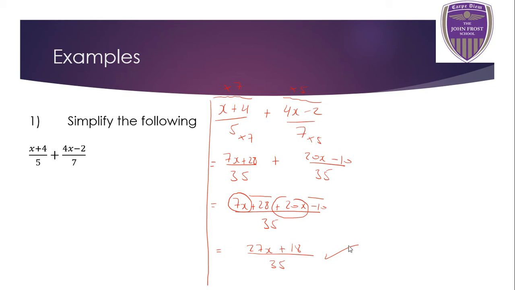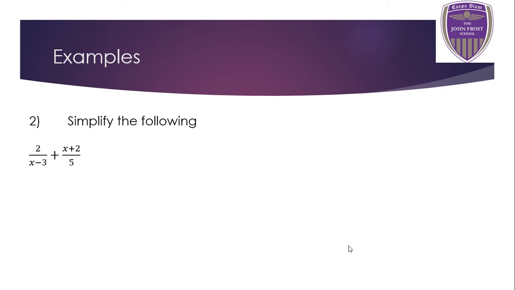Example 2 then. A bit more complicated, but pause it and either have a go or at least write the question down again somewhere, all right? And then I'll come back and we'll do it together while I write this fraction down. So this time, you might be thinking, what can I use for my common denominator here because I don't know what x is?